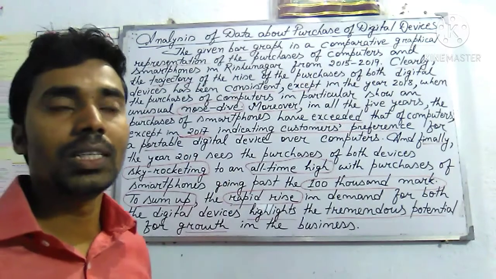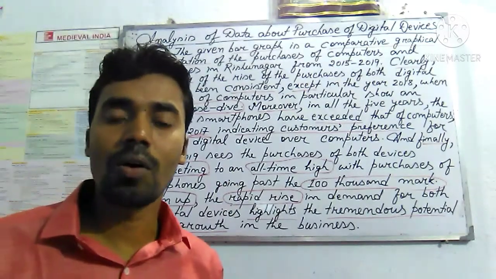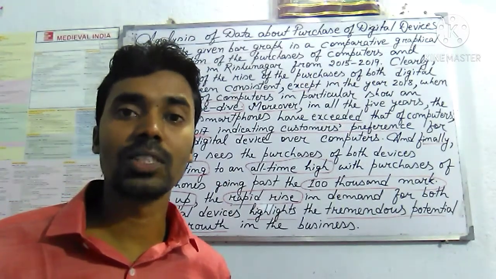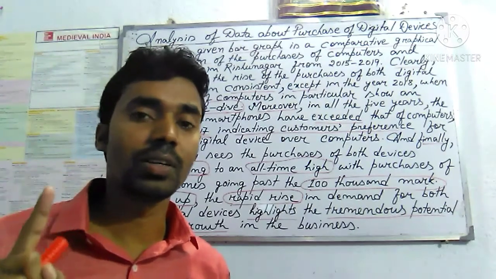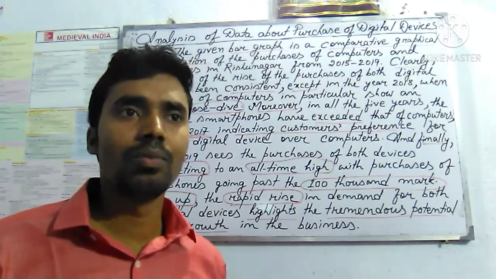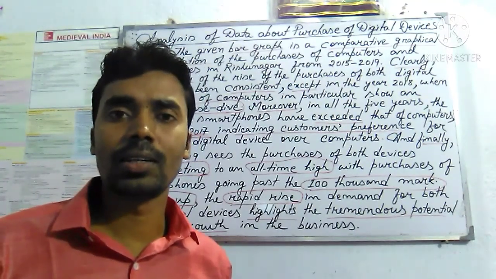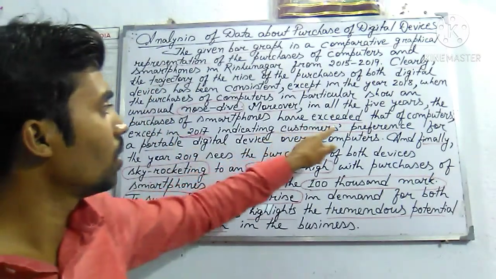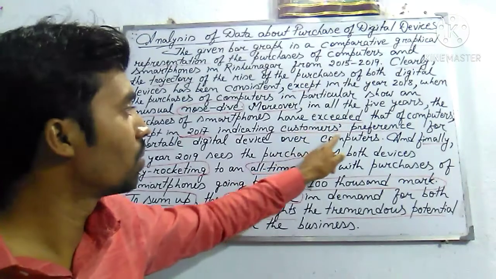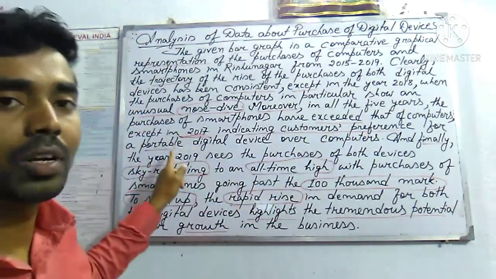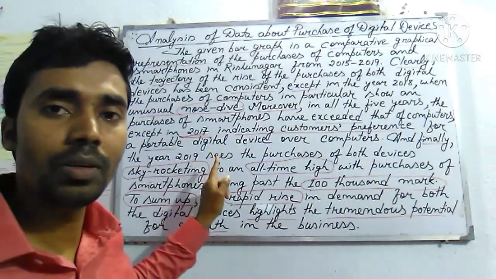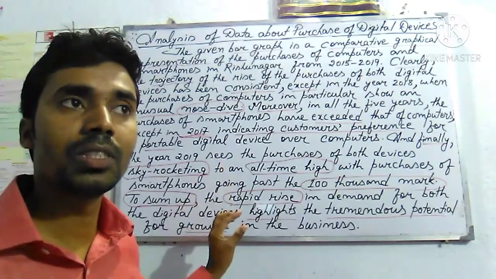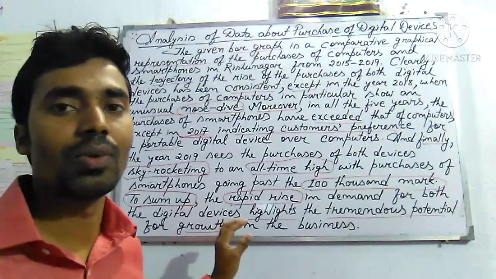So what does it indicate? The purchases of mobile phones or the smartphones have been greater except 1 year. So what does it indicate? We will have to interpret that in our own words. We will say that it indicates customers' preference for a portable digital device. What is portable? Portable is an adjective, means you can carry those things wherever you go, right?